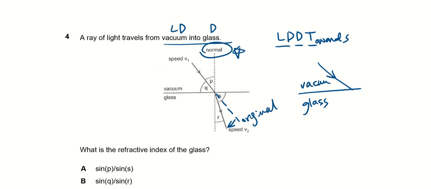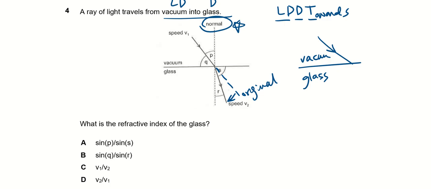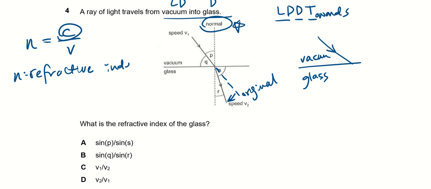Now, what's the refractive index of the glass? We have this formula, n equals c over v. The refractive index is a ratio of the speed of light in vacuum and the speed of light in the medium.